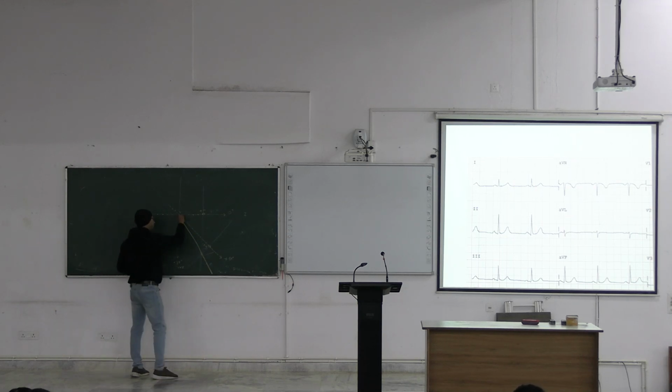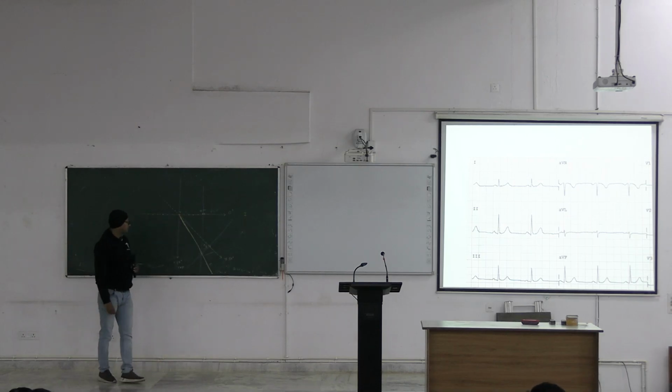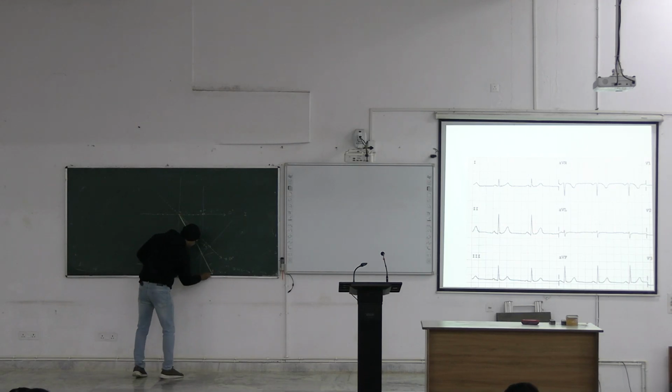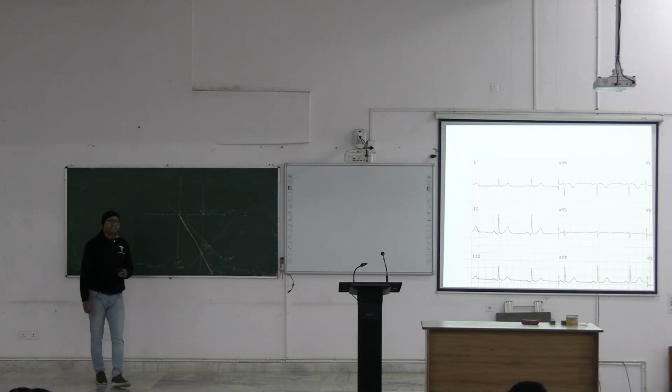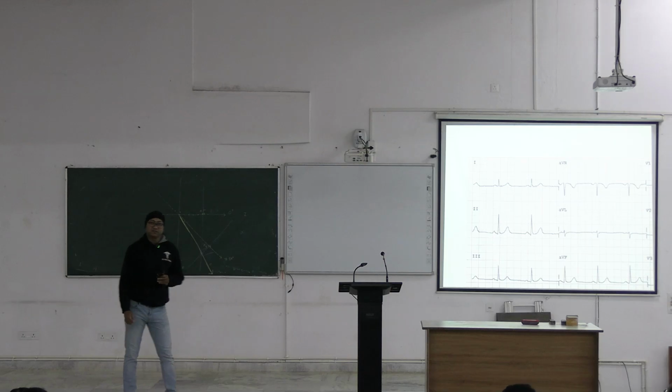Clear? Okay. So, what is this? This is mean electrical axis. Okay. This is how we find mean electrical axis in an ECG.